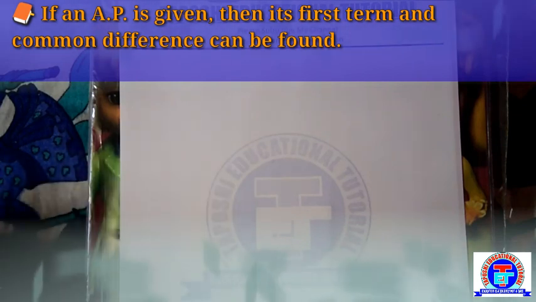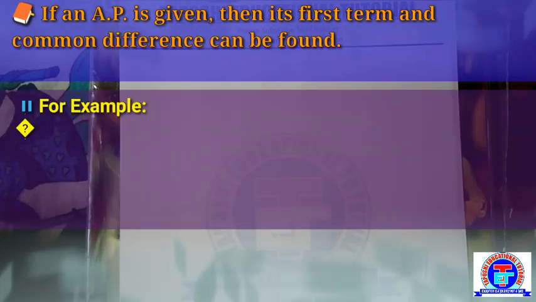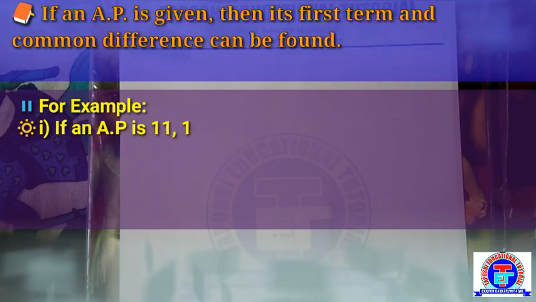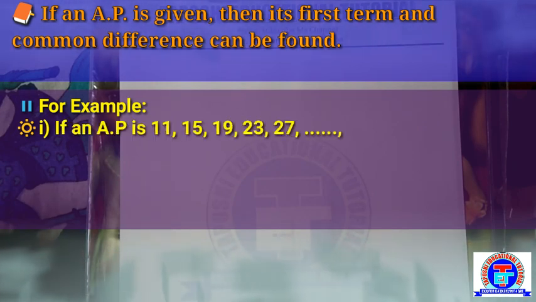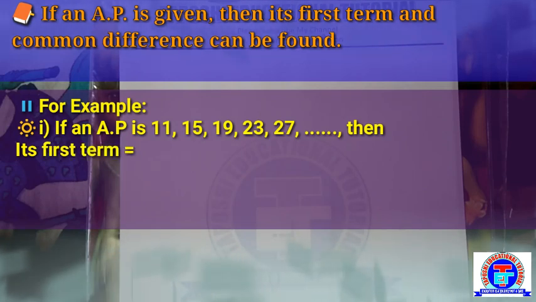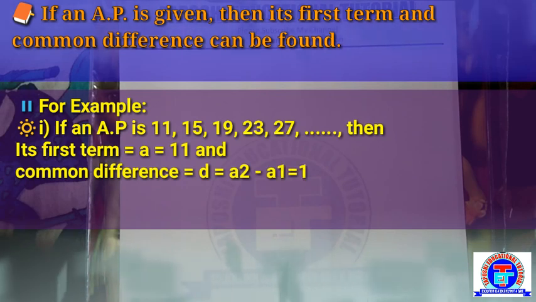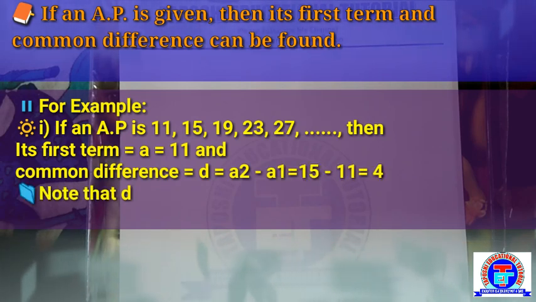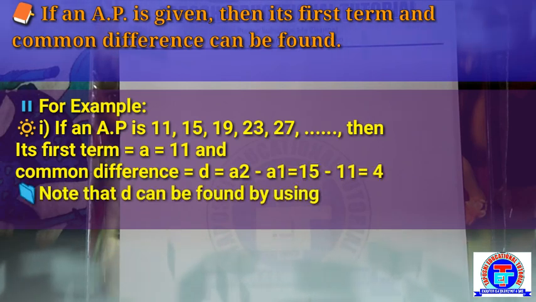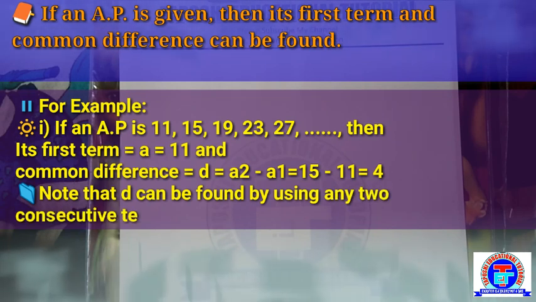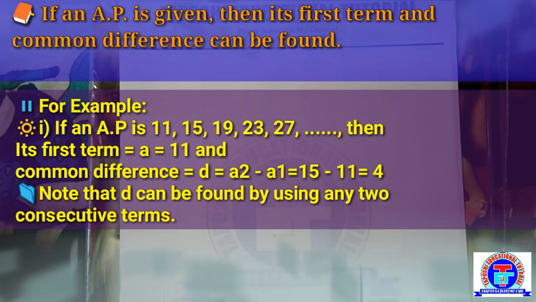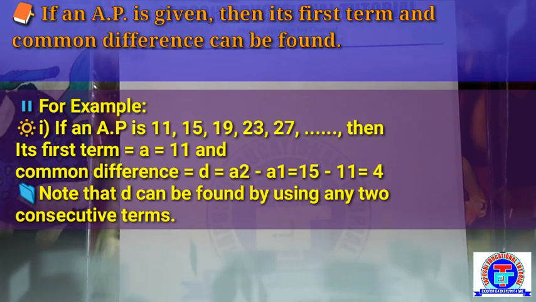For example, if an AP is 11, 15, 19, 23, 27, and so on, then its first term A is equal to 11 and common difference D is equal to A2 minus A1, which is 15 minus 11, equal to 4.